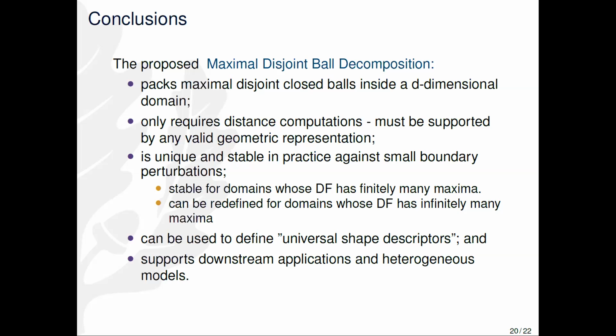Especially, it is stable for domains whose distance function has finitely many maxima, and it can be redefined for domains whose distance function has infinitely many maxima. It can be used to define universal shape descriptors, and it supports downstream applications and heterogeneous models.